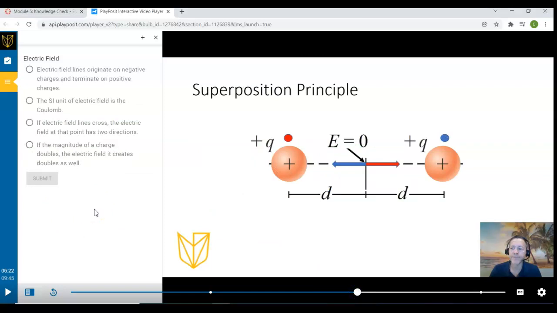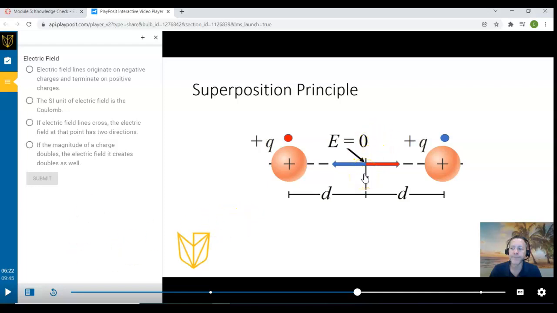Electric field lines originate on negative charges and terminate on positive charges. Kind of depends on who you ask. The SI unit of electric field is Coulomb. If the electric field lines cross, the electric field at that point has 2 directions.